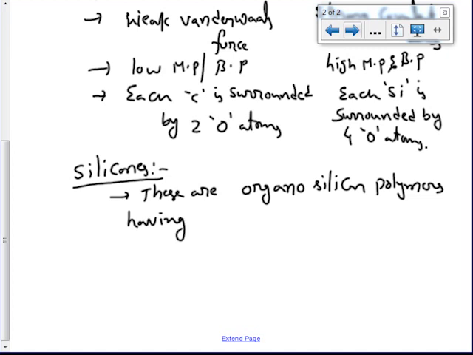Already we told that organo means there is a silicon and carbon bond, and there is an Si-O-Si linkage. Normally we are seeing this as a three-dimensional giant molecule, there is an Si-O-Si linkage. So silicones are organo-silicon polymers having silicon carbon bonds and Si-O-Si linkage. How are the silicones formed?